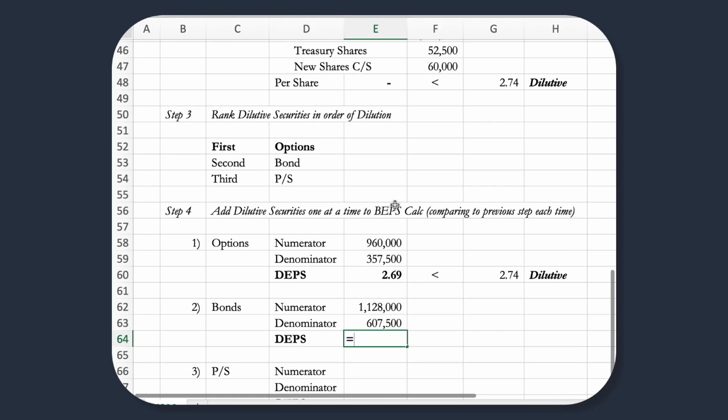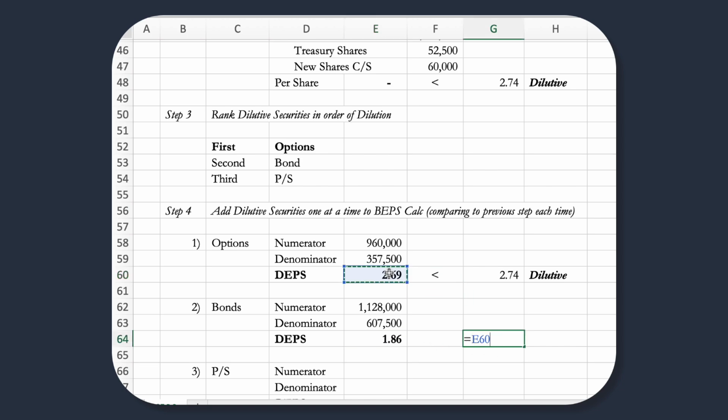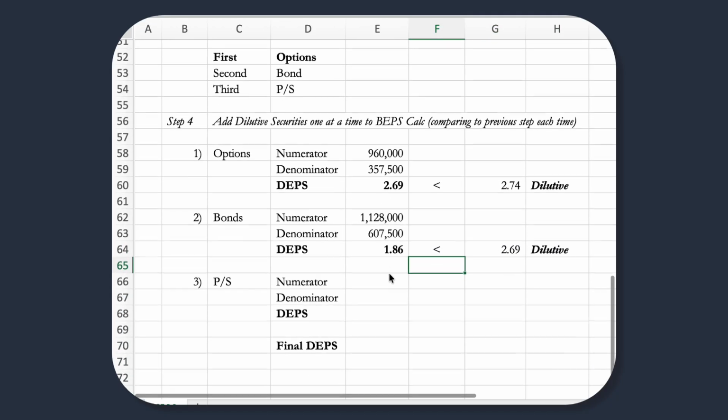Instead of comparing this number to basic earnings per share, though, I am going to be comparing it to my last calculation, right? Last I determined 2.69 is in fact lower. It could be my diluted earnings per share, but it looks like it actually can go lower. So it is lower than 2.69. So it might be my diluted earnings per share. This is a dilutive security in the collective. I need to keep going though.